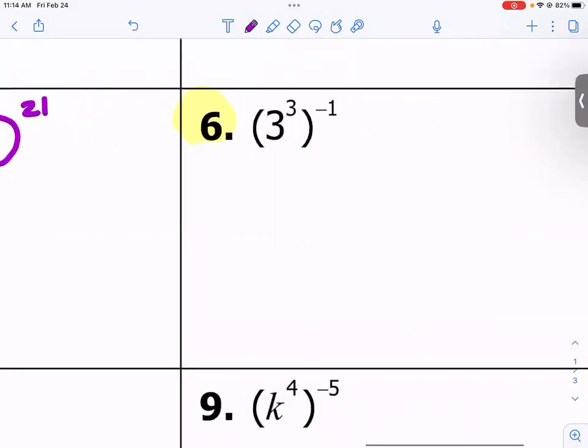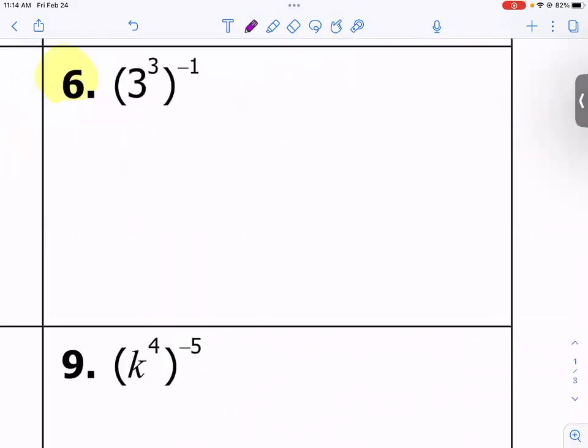Okay. All right. Number 6. Quinlan, what do you have? 3 to the 3rd. Should it be negative 3?